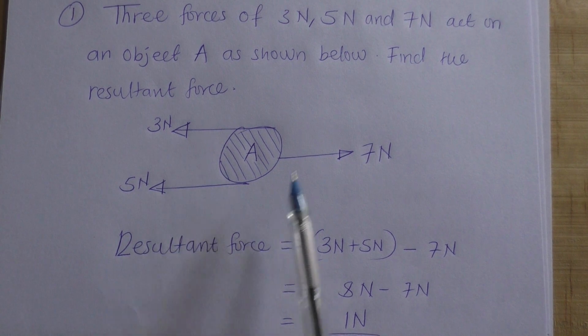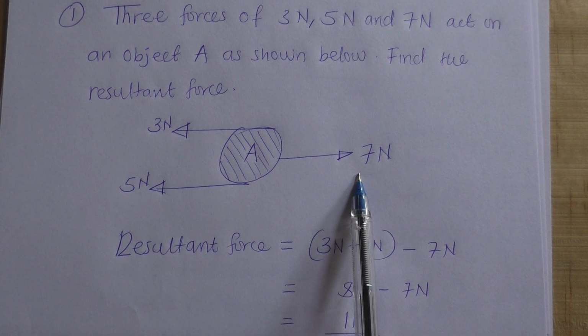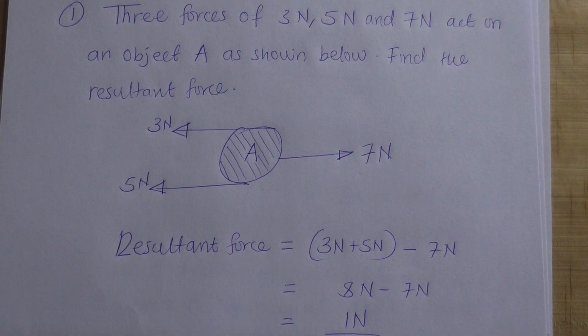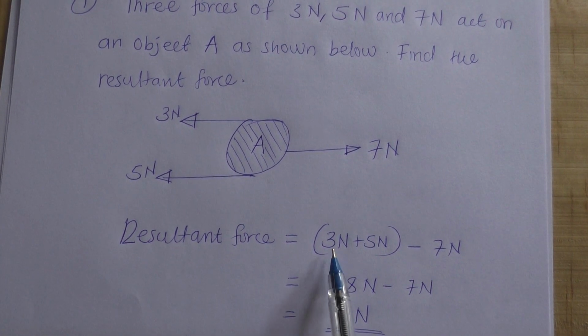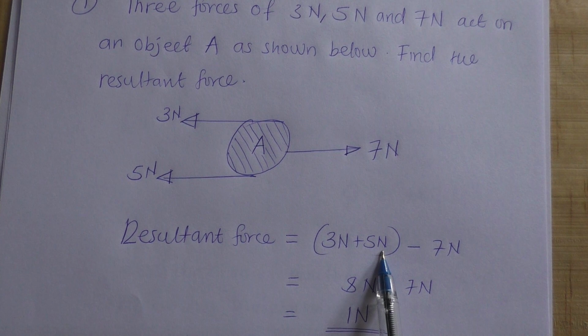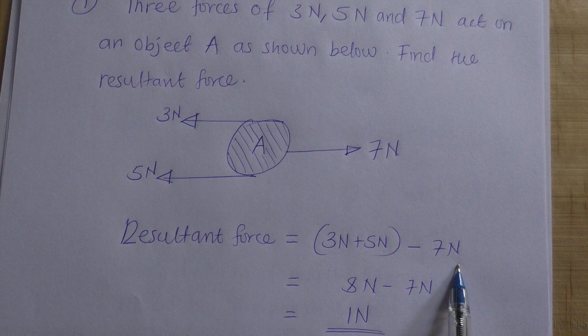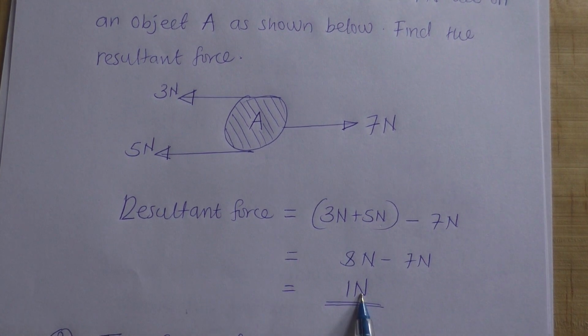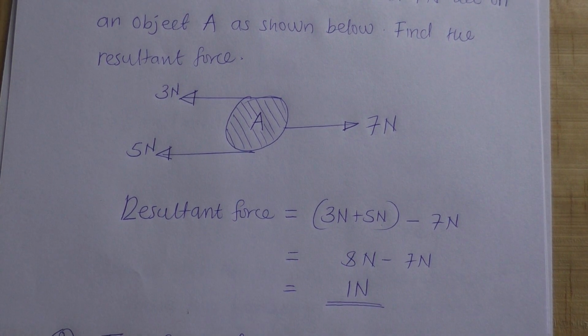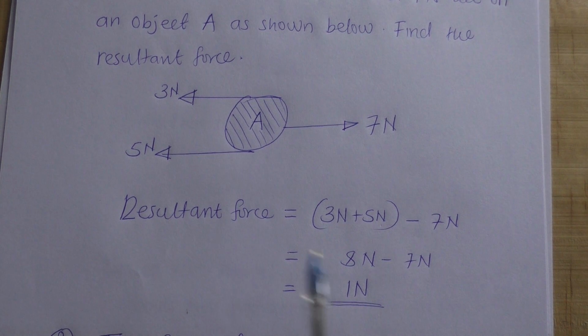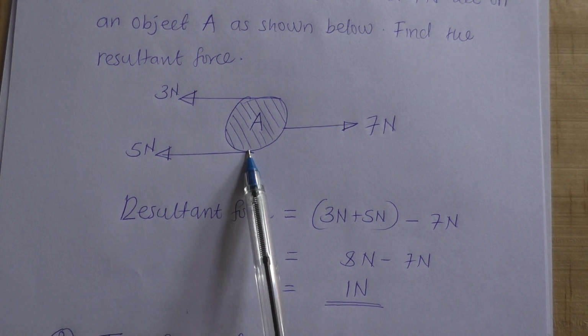Then take away the one in the opposite direction, hence giving us 3 Newton plus 5, since they are in the same direction, minus the 7 Newton that is acting in the opposite direction, hence giving us a resultant of 1 Newton. That is how we shall find the resultant force acting on object A.